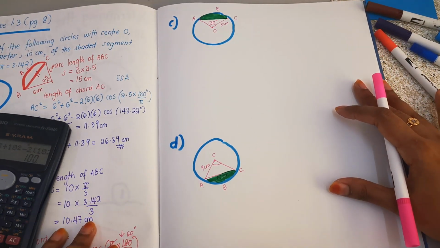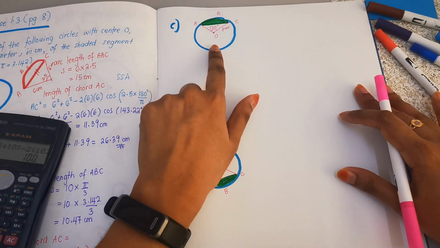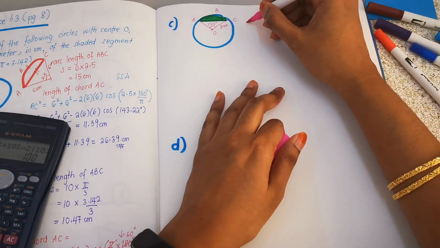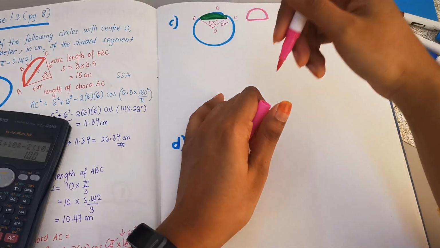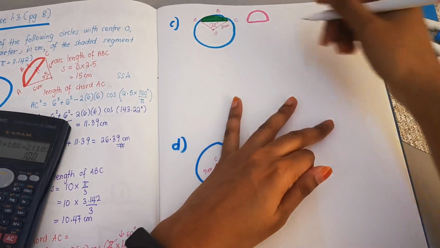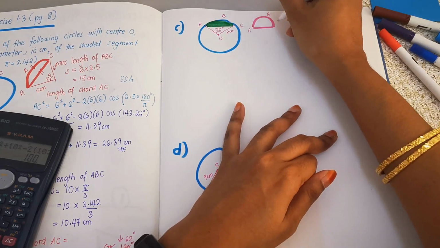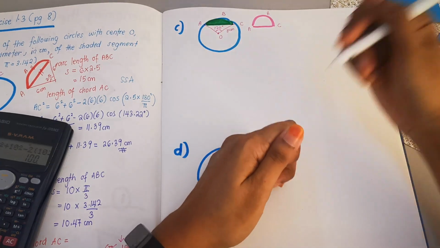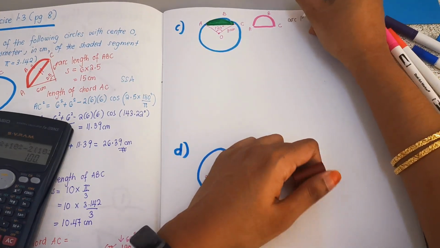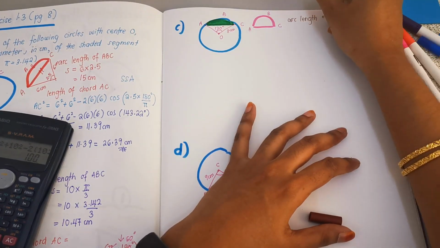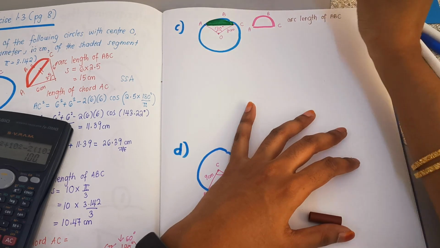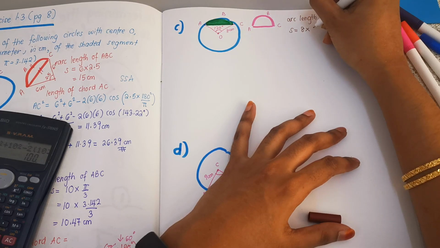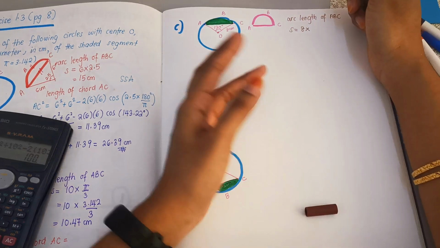For C, we're also going to find the perimeter of the shaded region. So here in this case, it's like this. Let me just draw here A, B, C. We're going to find the arc length of ABC. So S equals radius 8 times 120.